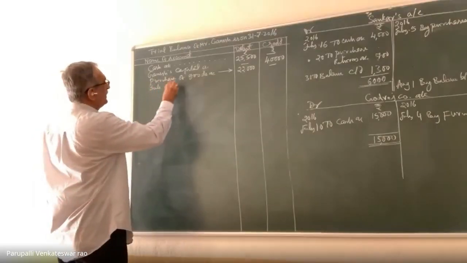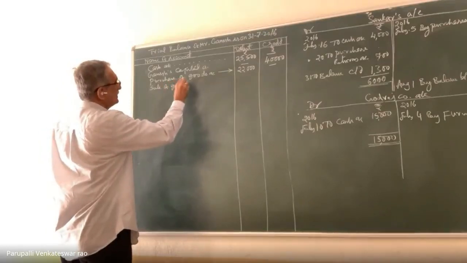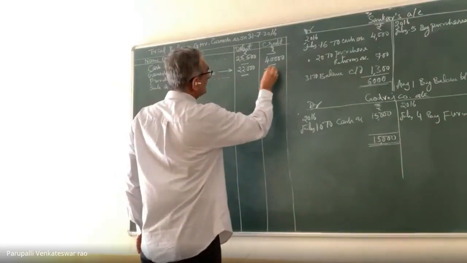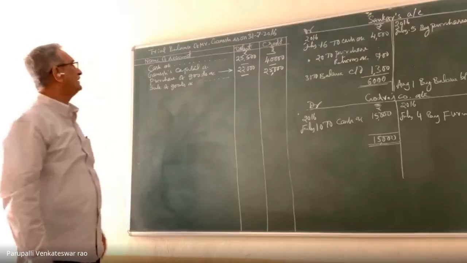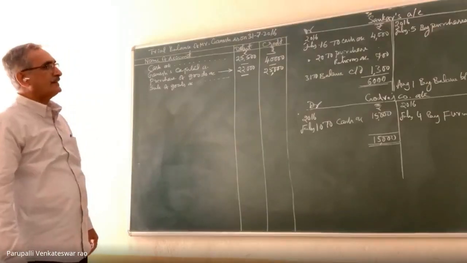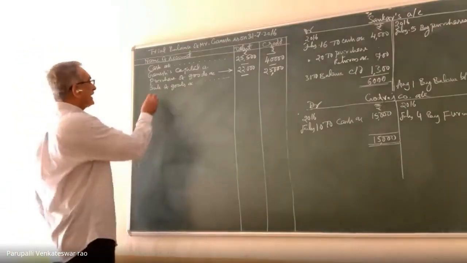Sale of goods account. Credit balance, rupees 25,000. Okay. Next one. Shankar's account, which I have prepared.